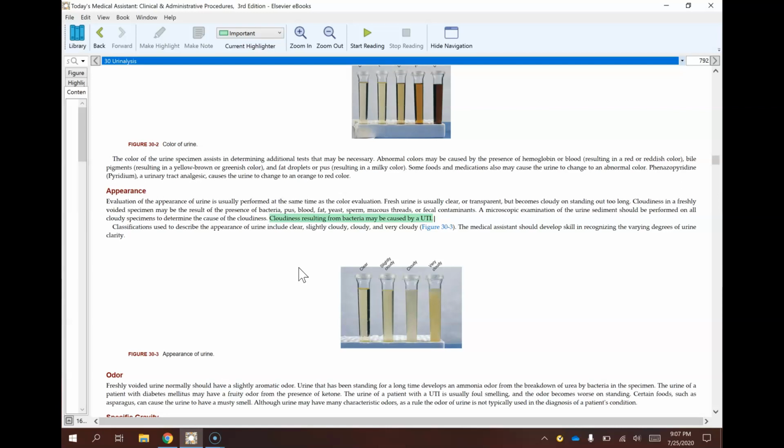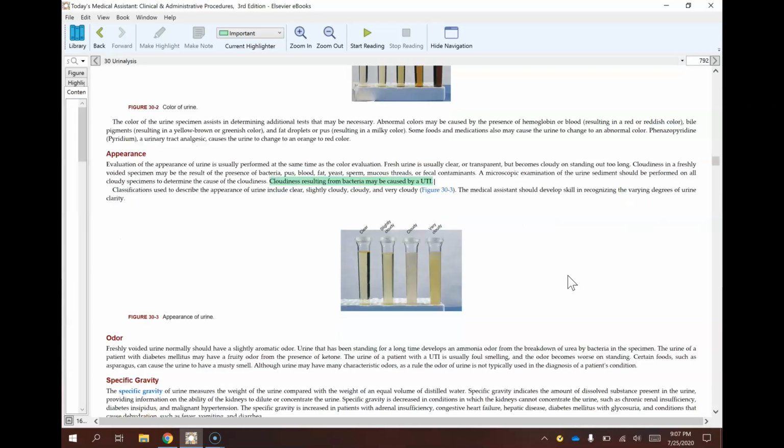Best practice is not to throw away the rest of the specimen, but rather to put it in the refrigerator, again labeling the time it was collected, because your provider will more than likely ask you to get something called a C&S. C&S stands for culture and sensitivity, and then you have that specimen available to do that. Again, that's called best practices.